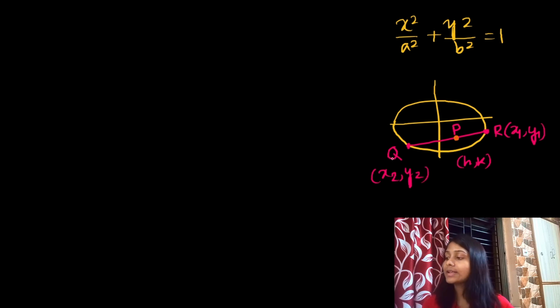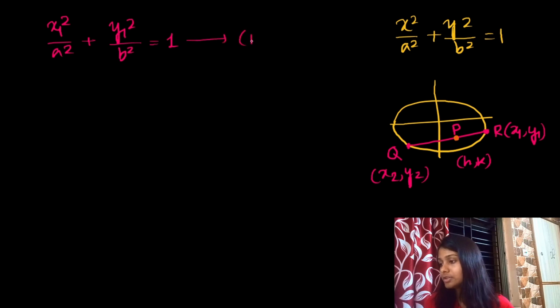So clearly (x1, y1) and (x2, y2) lie on the ellipse, so those two points must satisfy the equation of the ellipse. So we have x1 square by a square plus y1 square by b square equals 1, name it as equation 1, and another one is x2 square by a square plus y2 square by b square equals 1. Let me write it as 2.